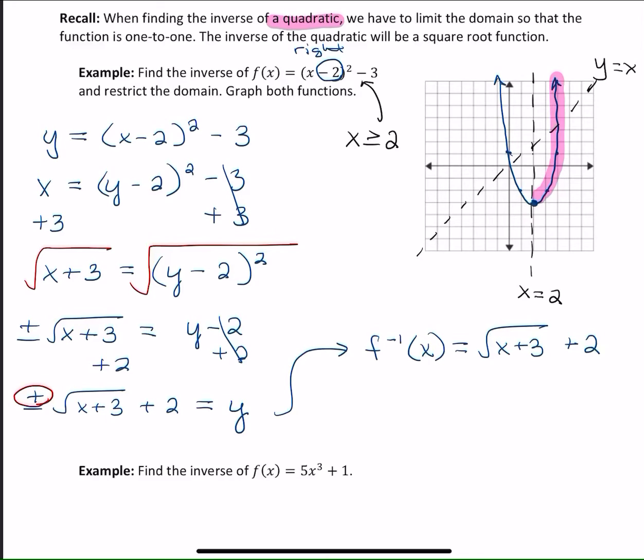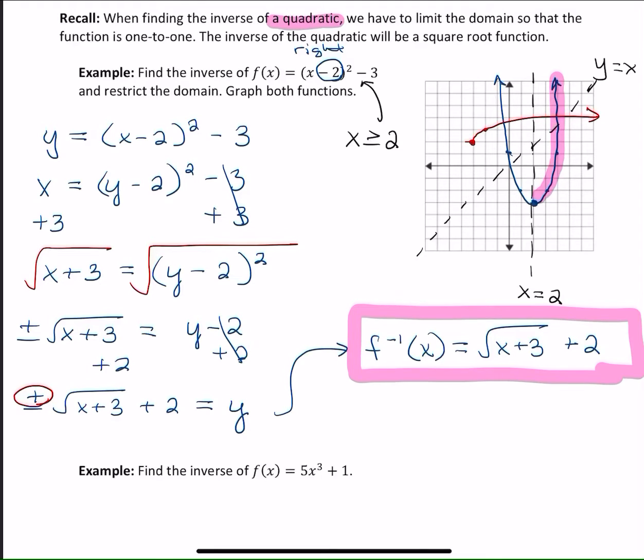So it'll be 1, 2, 3 there. And it'll look like a half of a parabola, something like that. So if you can visualize flipping what I have highlighted in pink over this line, it will give you our new inverse function. So that is the inverse of our quadratic after you've restricted the domain.